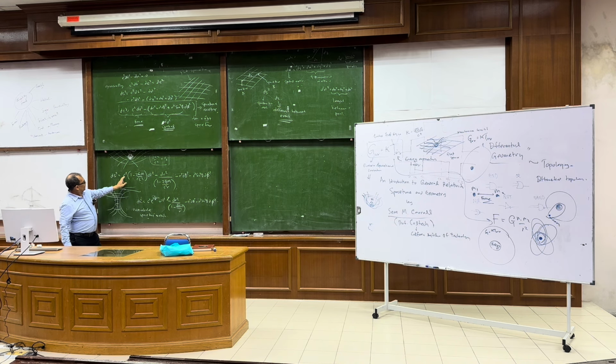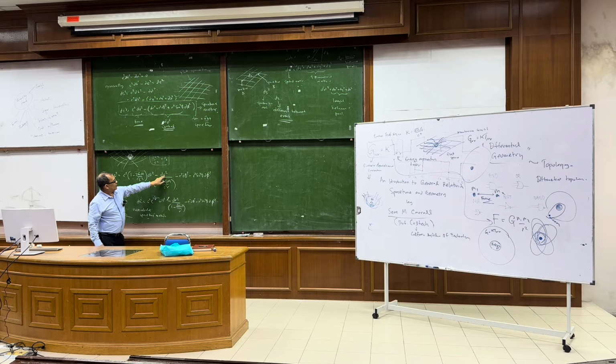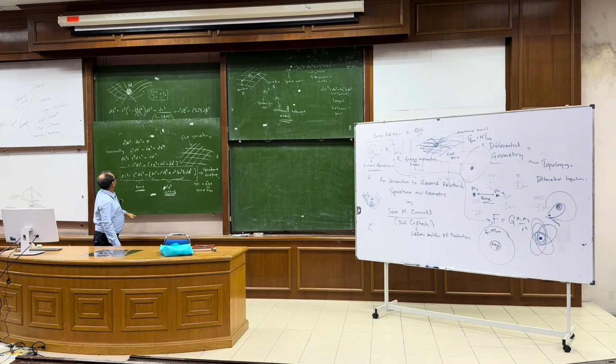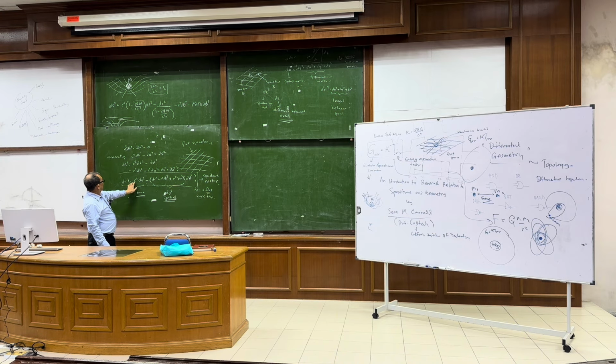We have time, then r, theta and phi, and we have something in front of each of them. In front of dt there is c squared, then -1, then negative r squared.